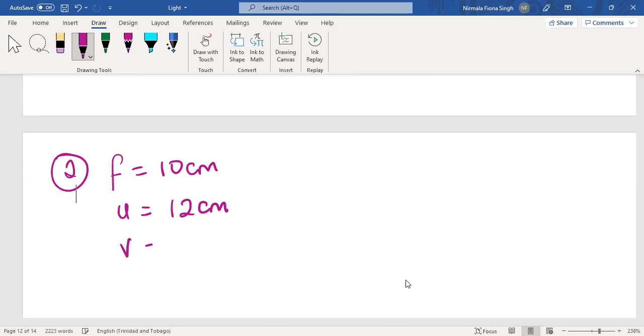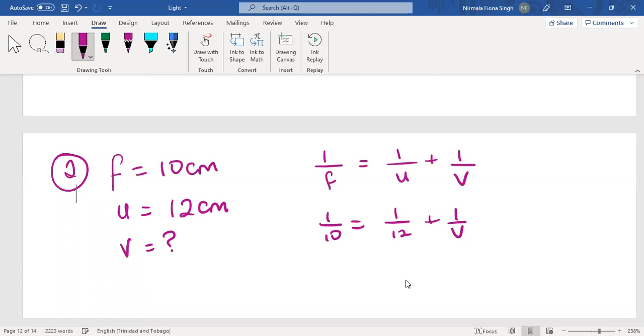And I want you to go ahead and calculate V. When you're doing this, you're going to have 1 over F is equal to 1 over U plus 1 over V. Here, you're going to have to do some subtraction and jumping over the equal sign. So here, you're going to have 1 over 10 is equal to 1 over 12 plus 1 over V. Let's bring the numbers together. So this 1 over 12 is going to get subtracted on the other side. So you're going to have 1 over V is equal to 1 over 10 minus 1 over 12.